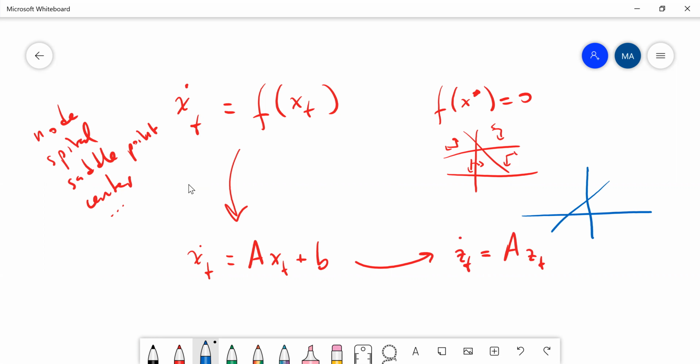Let's say this is a linear system, and your steady state is here. Now you want to move this to here without changing the slopes. This is normalization. So this is linearization, and this is the normalization of the model.